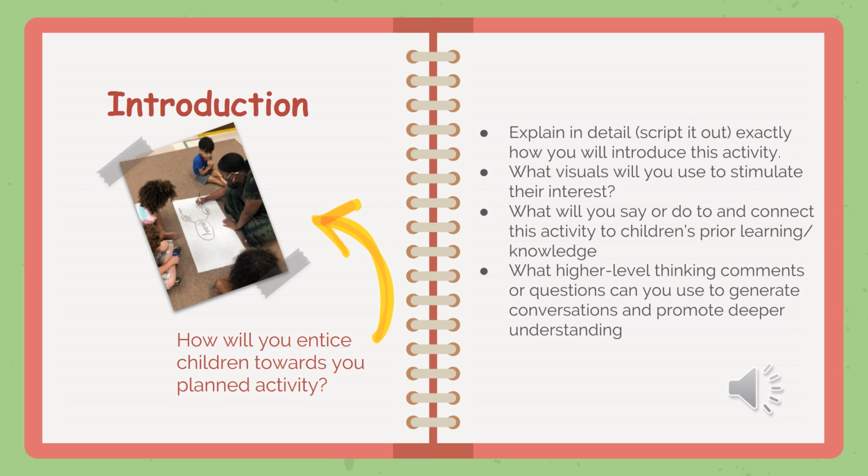And then the higher level thinking comments or questions that you could generate some conversations to help promote that deeper understanding. You're going to do a lot more of that in the next section. However, your introduction needs to be enticing enough that the children are excited about doing whatever it is, and that they understand the instructions for what you're going to have them do.